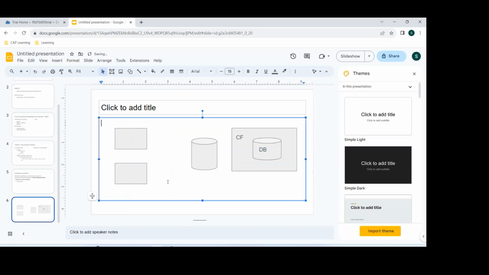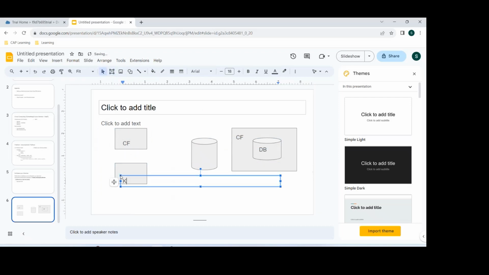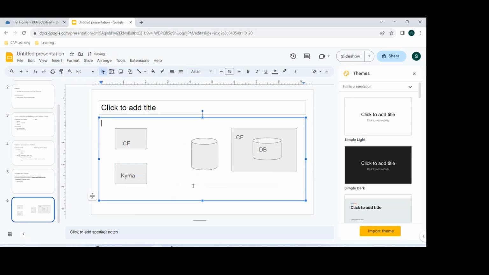Now these two environments can be any sort of runtime environment. It can be deployed on my Cloud Foundry, or the other runtime environment we are talking about could be my Kyma runtime environment as well. So if we can create a database instance in a way that it's not created within a Cloud Foundry, rather it's central.